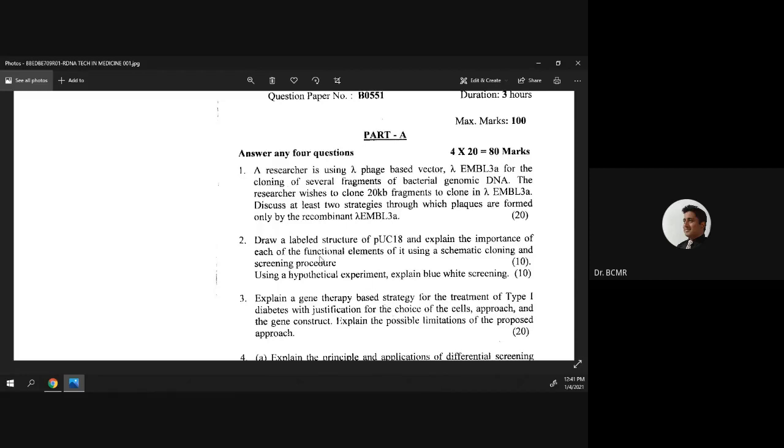So the second question is about pUC18. This question paper is actually kind of straightforward in many aspects, but still it's about how you represent and the critical details that you speak of. Please remember this: don't make trivial sentences.